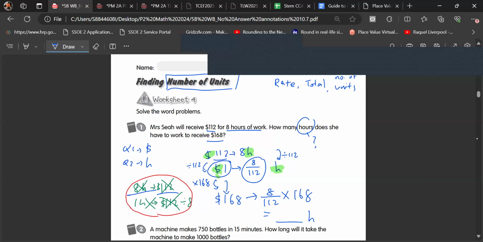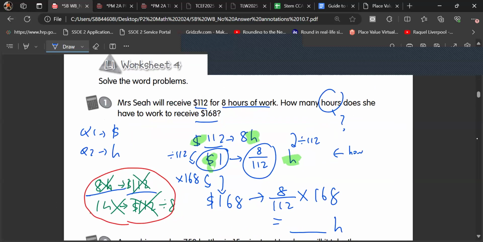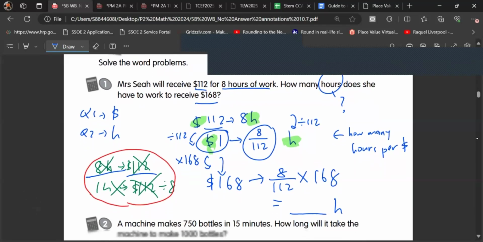So one more time I'm saying this, I'm not finding how many dollars per hour, I'm finding how many hours per dollar. How many hours per $1? Find how many hours.